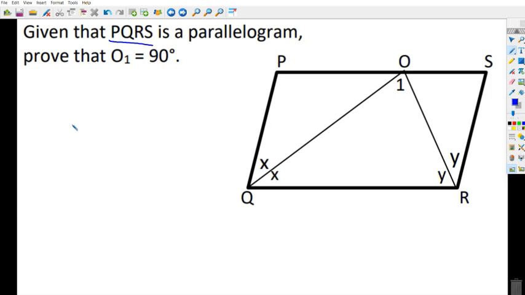Alright, so I assume you've done it already. So they tell me, look here, given that PQRS is a parallelogram. Alright, they're telling me it's a parallelogram. So what do I know about this shape? I know that both pairs of opposite sides are equal.